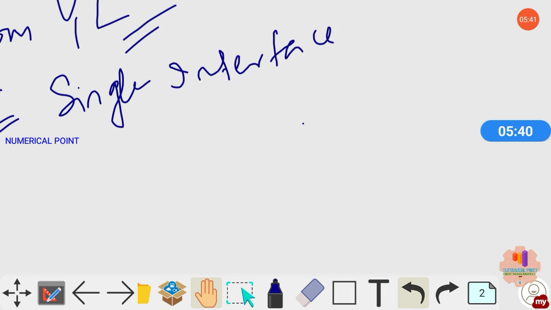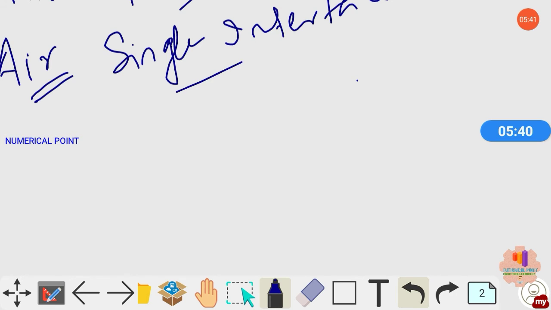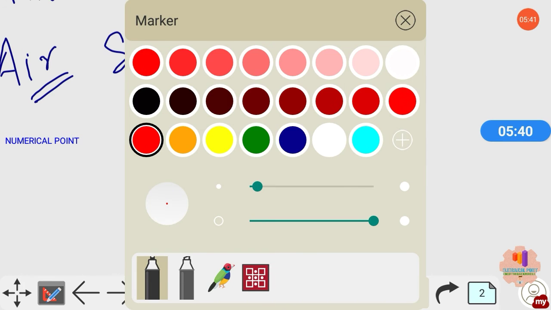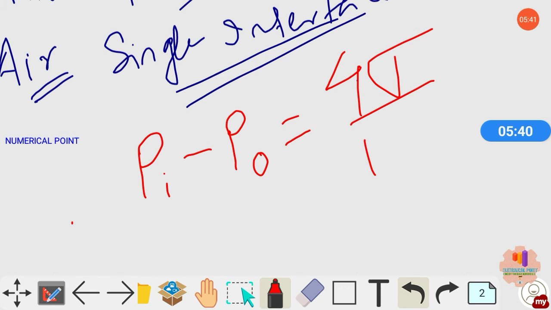So from Young's Laplace equation for single interface we can write Pi minus Po will be equal to 4 sigma by d.